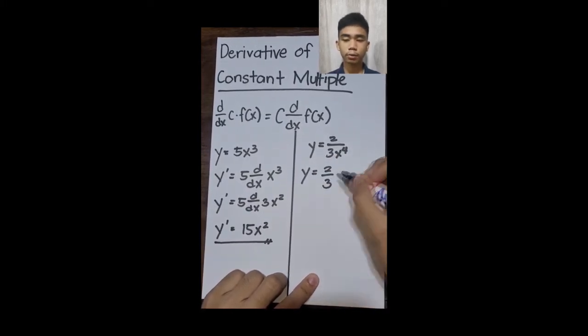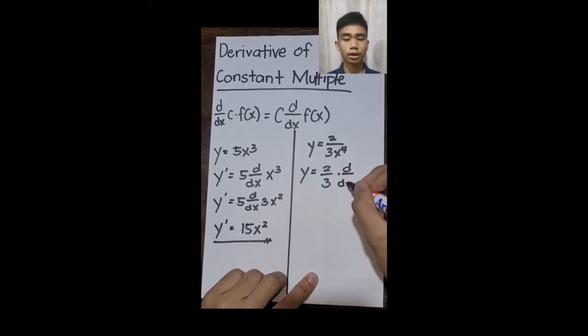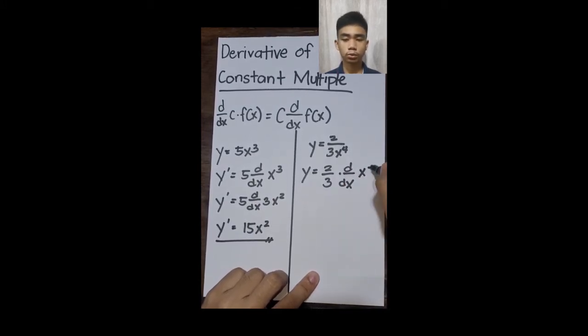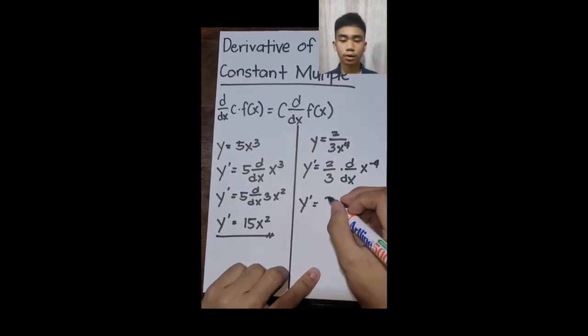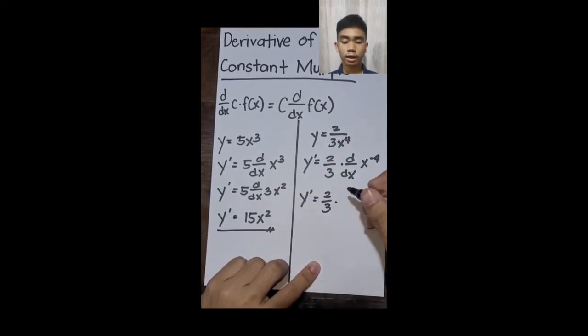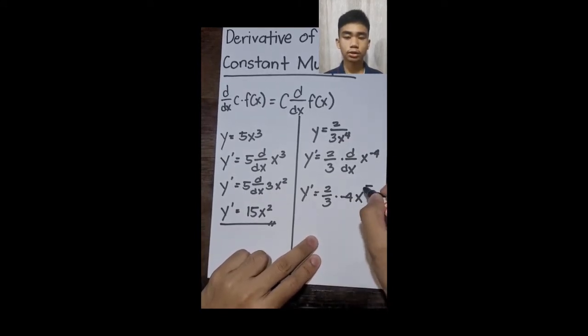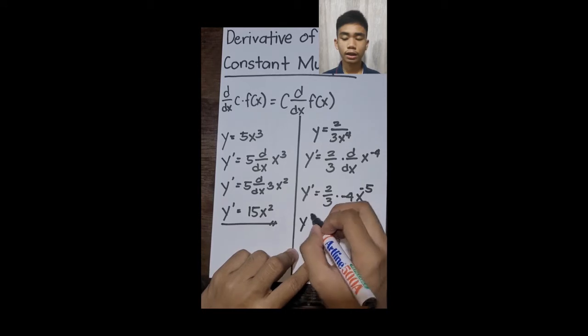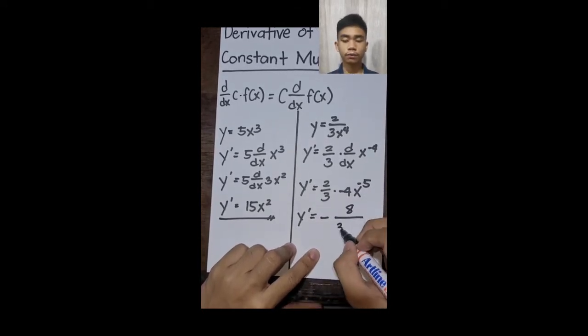The second example, we have y equals 2 over 3x to the fourth power, and y prime is equal to 2/3 times d over dx of x raised to negative 4. And y prime is equal to 2 over 3 times negative 4x raised to negative 5. On the final answer, we have negative 8 over 3x to the fifth power.